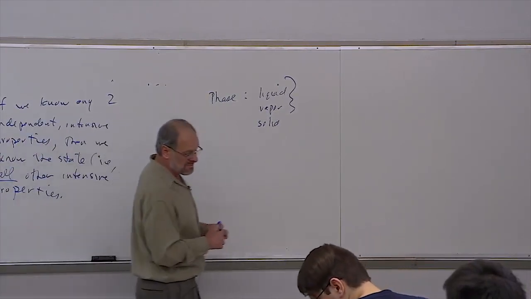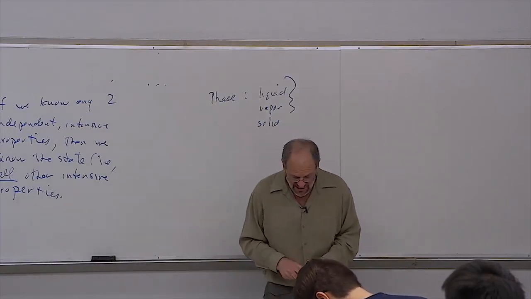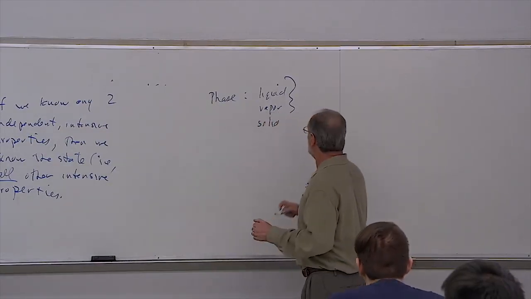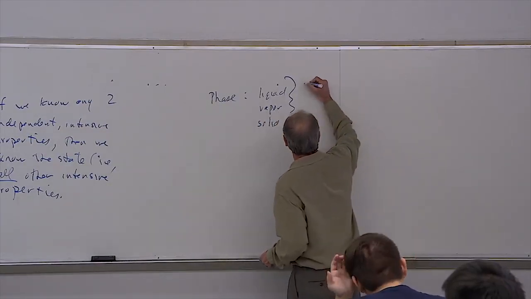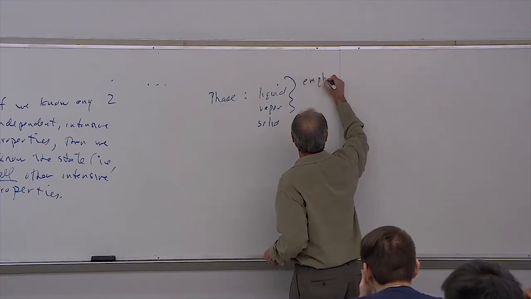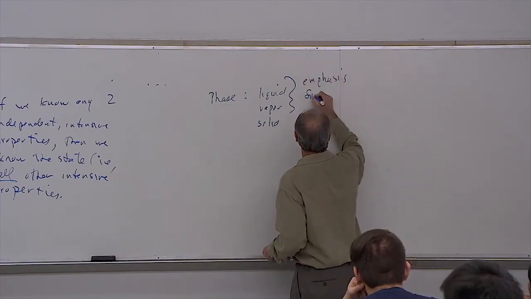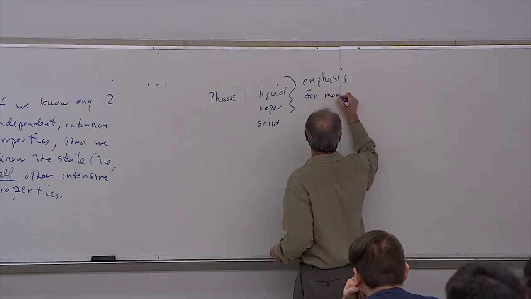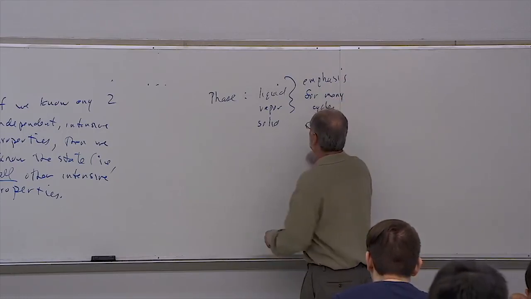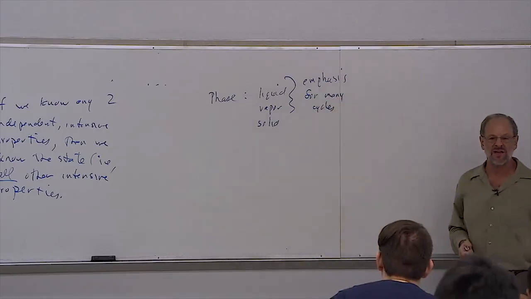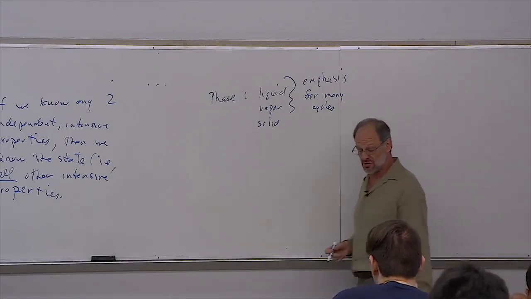We call that a two-phase mixture, right? So let's just make sure we are aware of the different phases, and certainly the emphasis for many cycles is going to be the liquids and the vapors and the mixtures of the two.